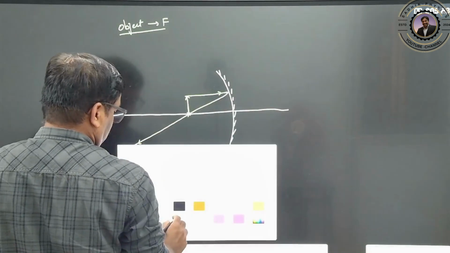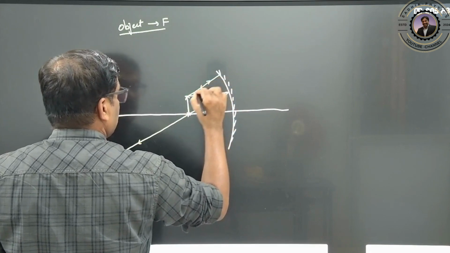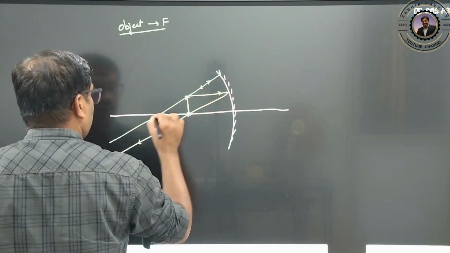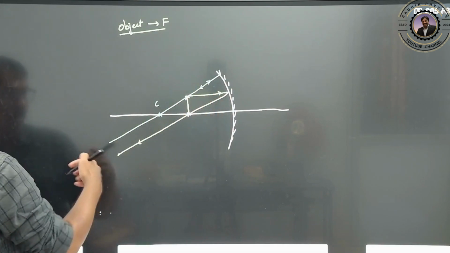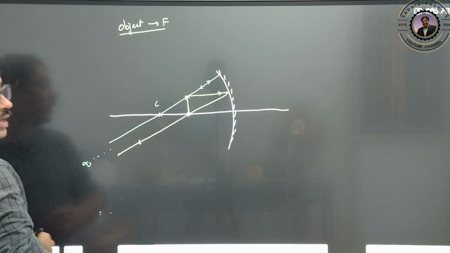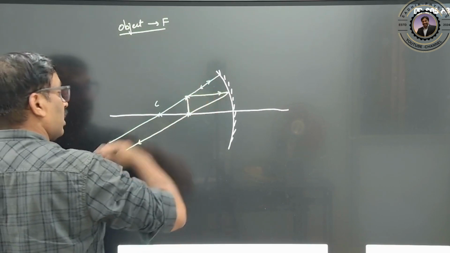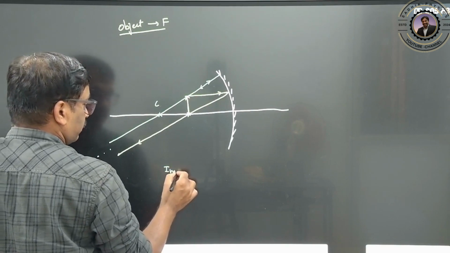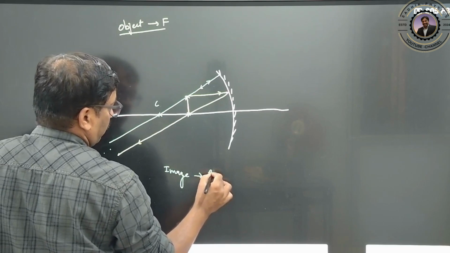Next, if a light ray is incident like this, it will get reflected back through the center of curvature. This is a parallel beam, so it will go to infinity. Clear? So the image is formed at infinity.